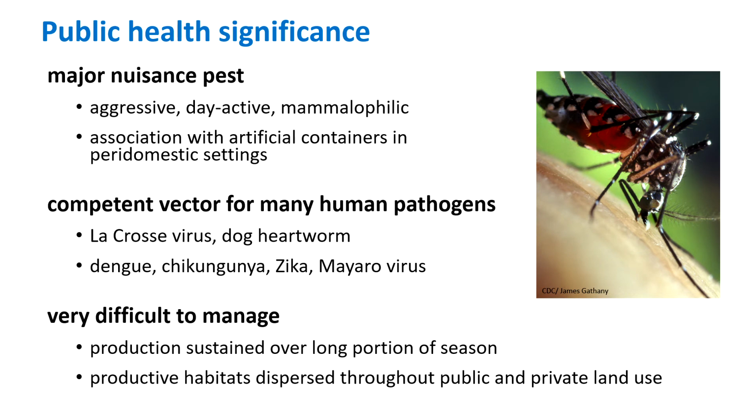It is known to be a competent vector for a number of human pathogens. In Illinois, one example is La Crosse virus. We don't see a lot of cases, but it is known to be a competent vector. One of the real concerns is with some of these exotic human pathogens like dengue, Zika, chikungunya, which aren't endemic to Illinois, but we do have travelers coming from endemic areas bringing the virus in annually.